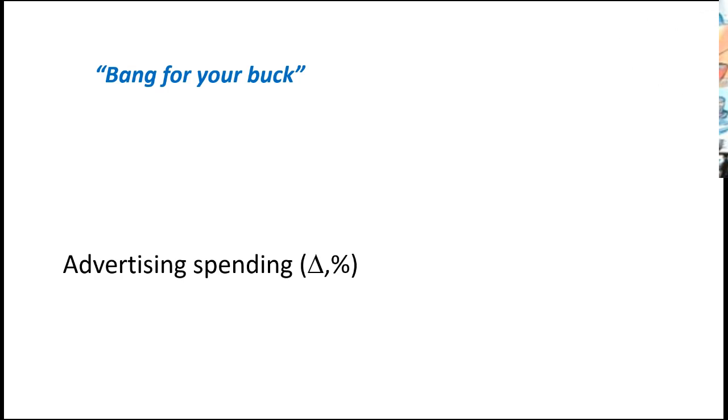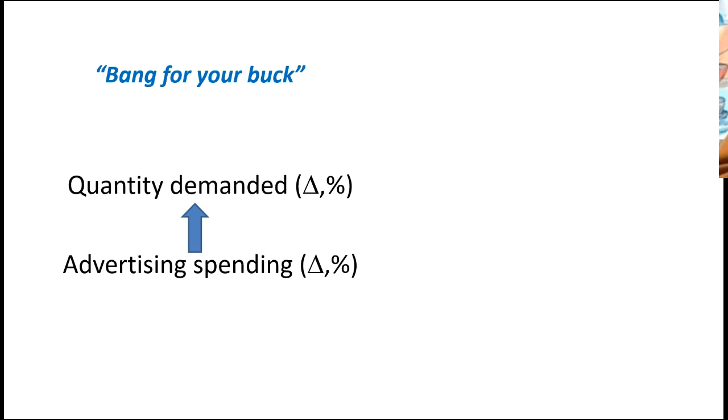From the perspective of economists, probably one of the most important things that they're interested in is what we're looking at here: advertising elasticity of demand, which can be summed up as what kind of bang for your buck do you get. So we're interested in the relationship between a change in advertising expenditure, measured as a percentage, and the impact that has on the quantity demanded of the product, measured as a percentage.